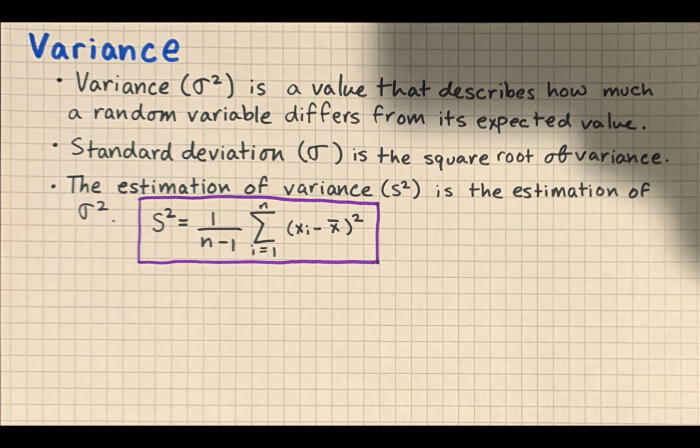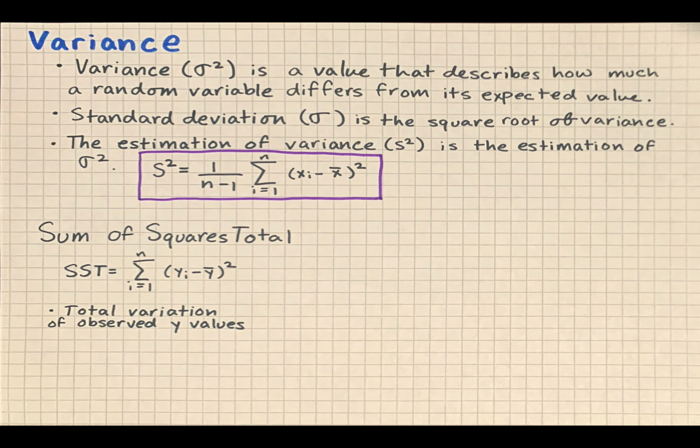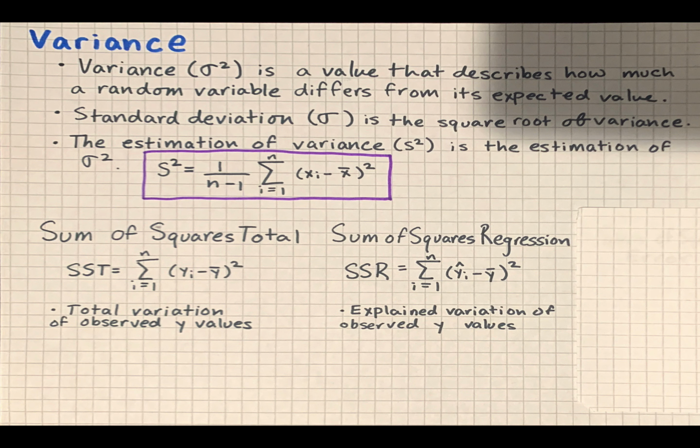We can also break down the variance into 3 separate parts. The first part is the sum of squares total, which is known as SST. This value is the total variation of observed y values. The second one is sum of squares regression, which is referred to as SSR, which is the explained variation of observed y values.